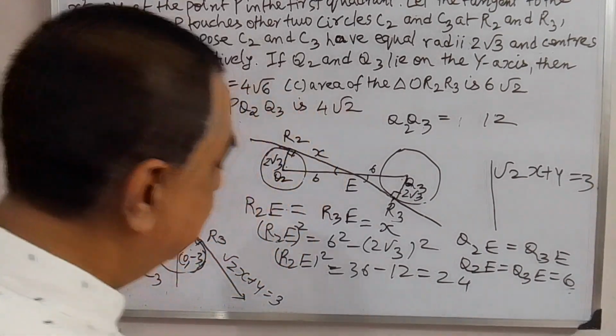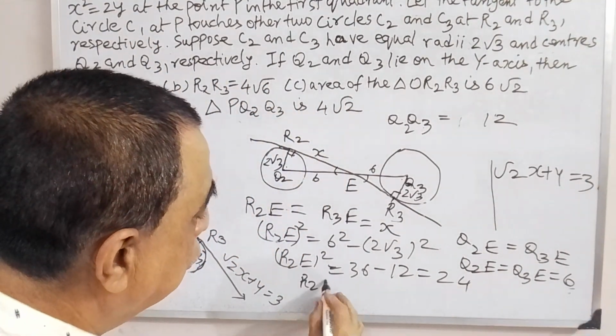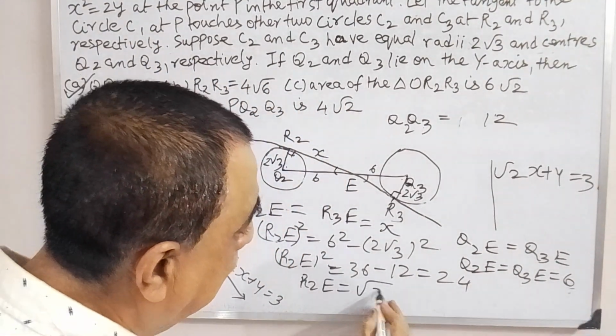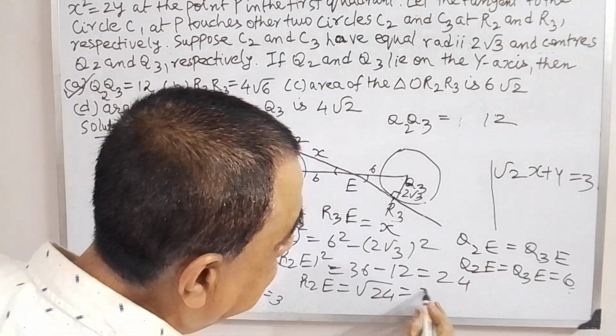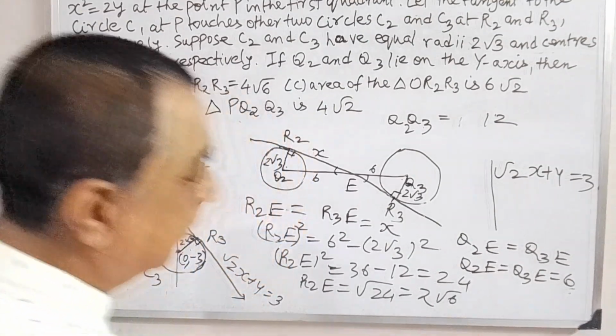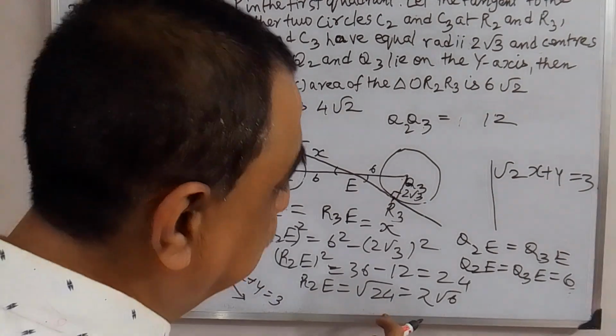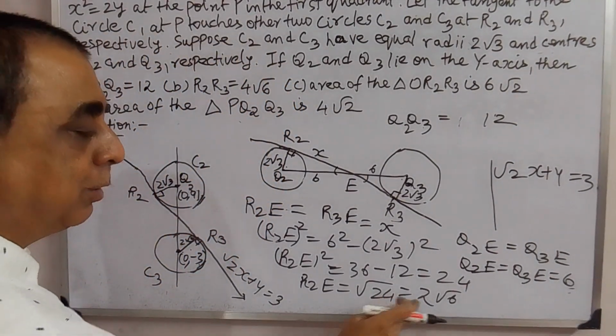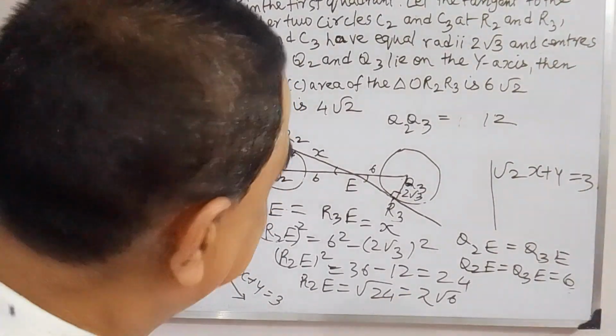That is 24. So R2E will be square root of 24, that is 2 root 6, because 24 is 4 times 6, and the square root of 4 is 2.